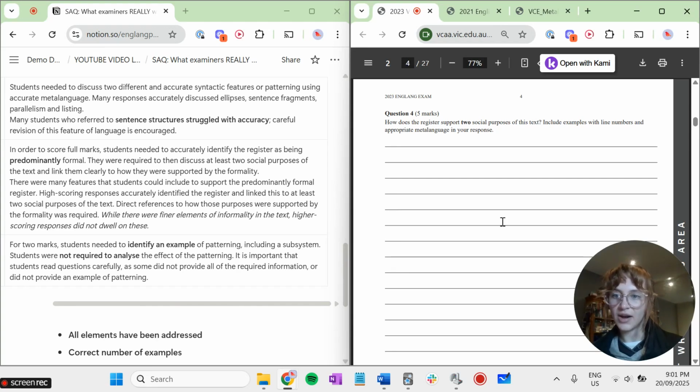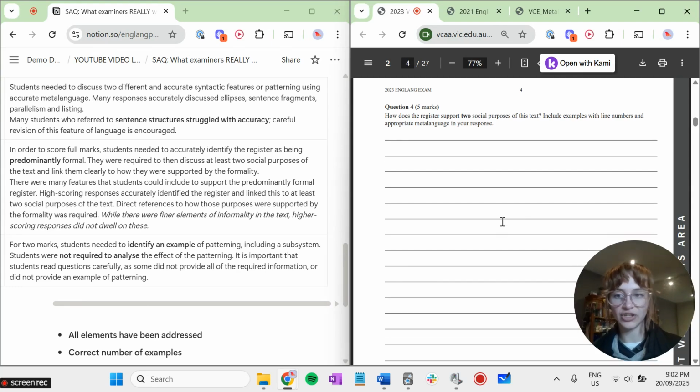Many high-scoring responses accurately identified the register and linked this to at least 2 social purposes of the text. Direct references to how those purposes were supported by the formality were required. Again, a direct link between 2 different features. So you were talking about social purposes and you were talking about register. They needed to be relevant to each other. Super, super important that you don't just list one of each.